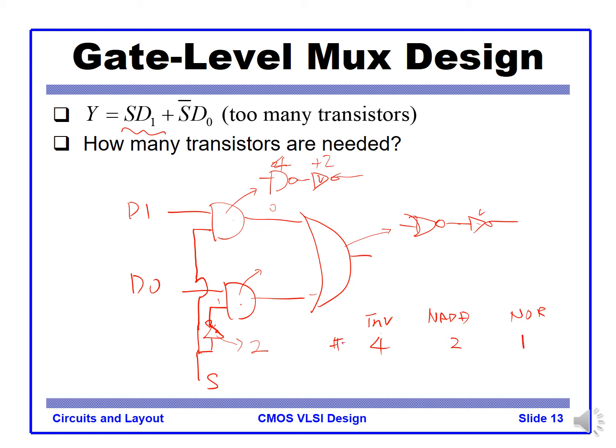So for the number of transistors: the inverter has 2 transistors, the NAND gate has 4 transistors, and the NOR gate also has 4 transistors. If you multiply and add all up, 8, 8, 4, we have a total of 20 transistors. So it's quite a lot of transistors to implement a gate-level multiplexer.